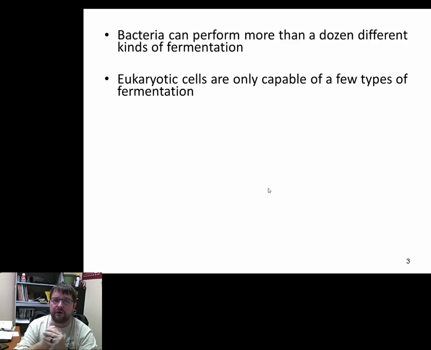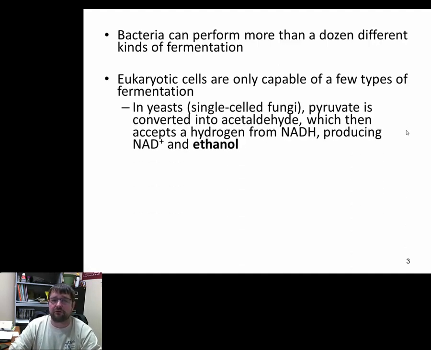Okay. Eukaryotic cells, there's just a few types. Okay, we're going to talk about two main types, and that is the production of ethanol. Okay. And so yeast, which is a fungi, and plants do this, and most of you know this because we make ethanol out of corn and stuff like that.